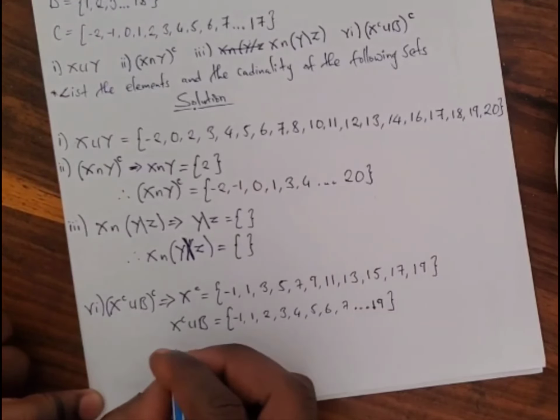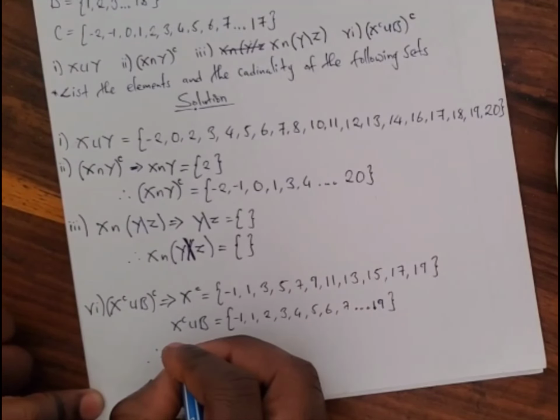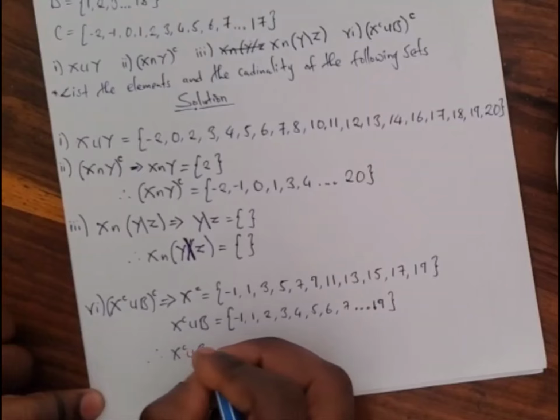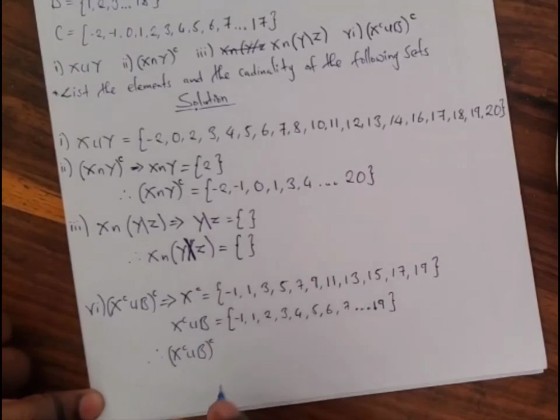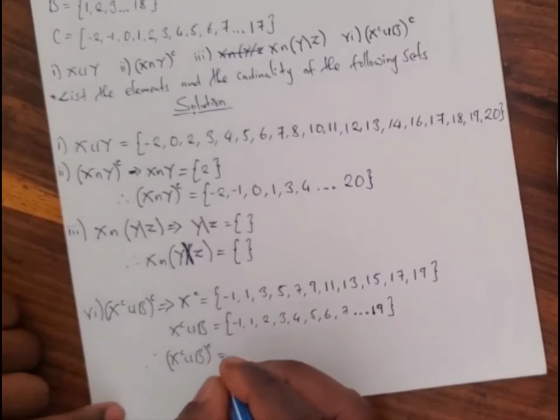So we now go to x. Therefore, our x complement union B complement. We now complement these from the union set. So we now complement those.